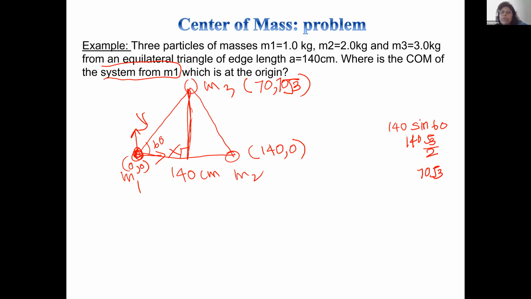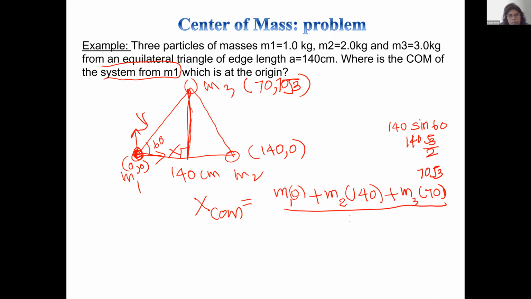After you know the coordinates of each object, you're just going to write your X center of mass. It equals your M1 times its distance from the origin, which is 0, plus M2 times its distance from the origin on the x-axis, which is 140 centimeters, plus M3 times its x position, 70, divided by M1 plus M2 plus M3.